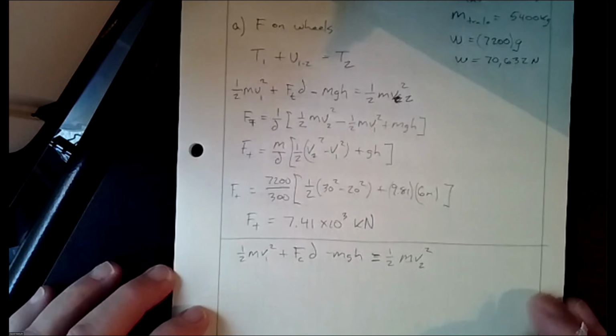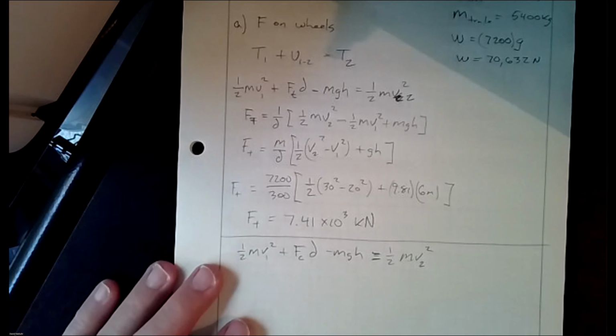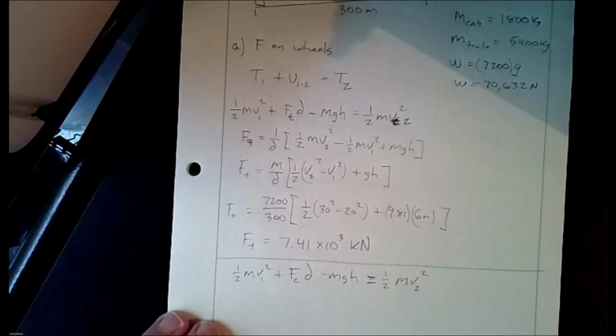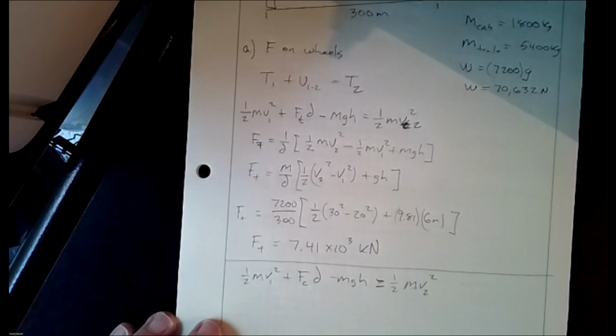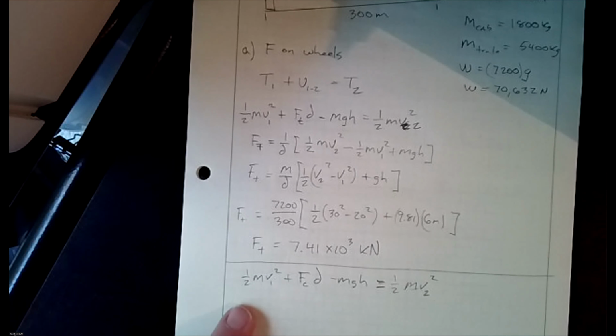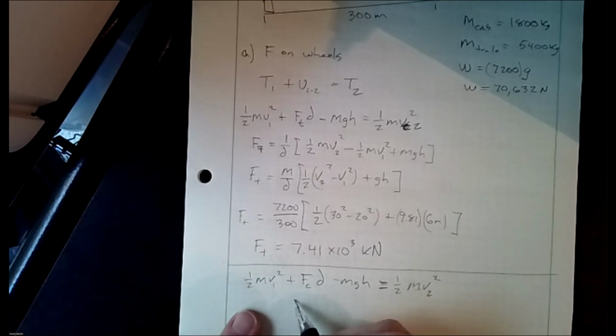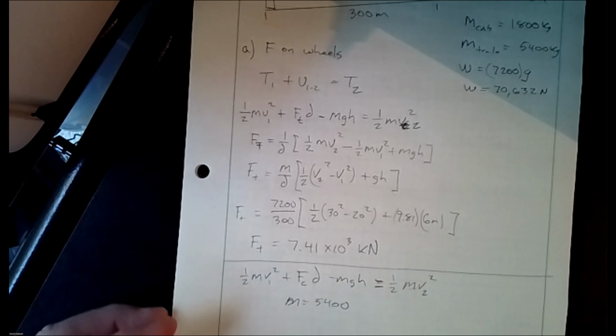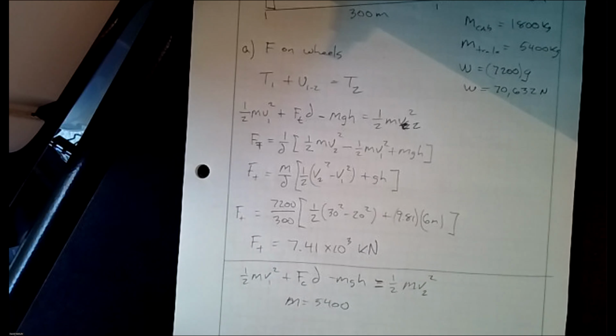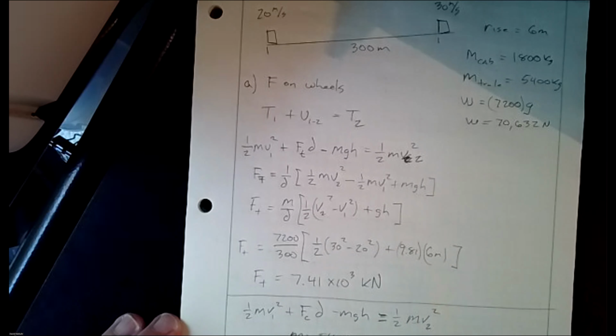So if we go ahead and substitute, really we're solving it the same way, but the only difference now is we're changing our mass to 5,400. So mass equals 5,400. Because what it wants to know is what is the force on it. Before, we were looking at the entire system, but the force on the coupling, this was the force on the wheels, this is the force on the coupling.